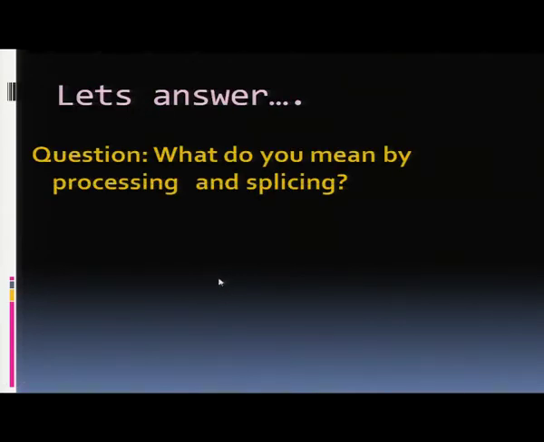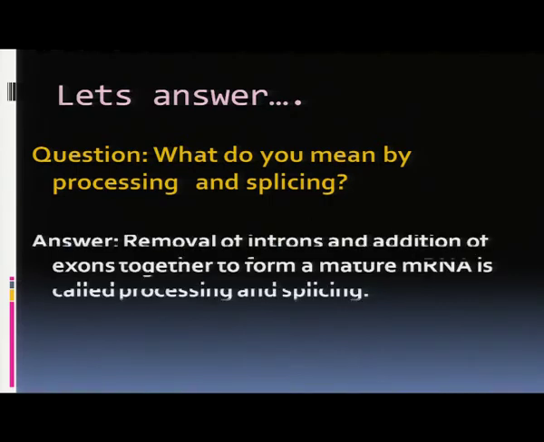The next question is, what do you mean by processing and splicing? If you can recall my last session, processing and splicing is the removal of introns and joining of exons together to form a mature messenger RNA. In eukaryotic transcription, after transcription, pre-messenger RNA is synthesized, which has introns and exons present alternately.